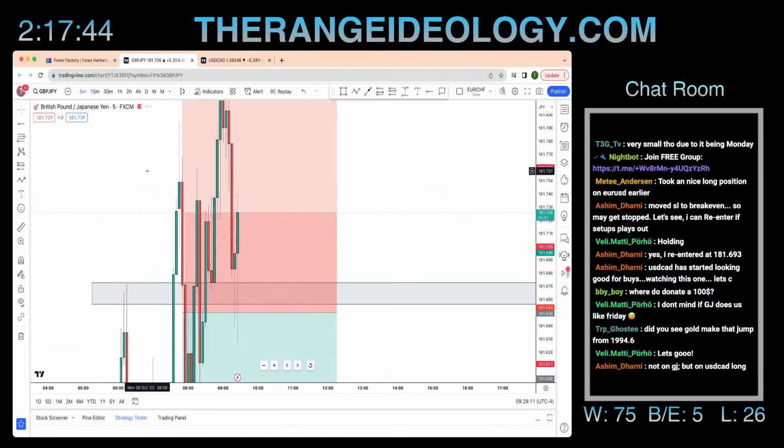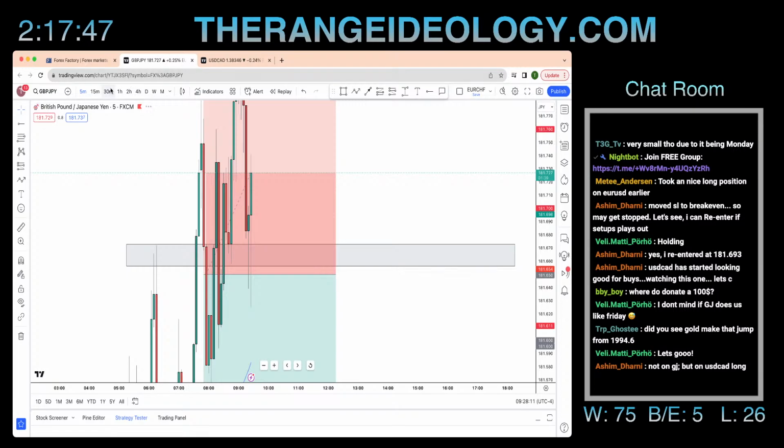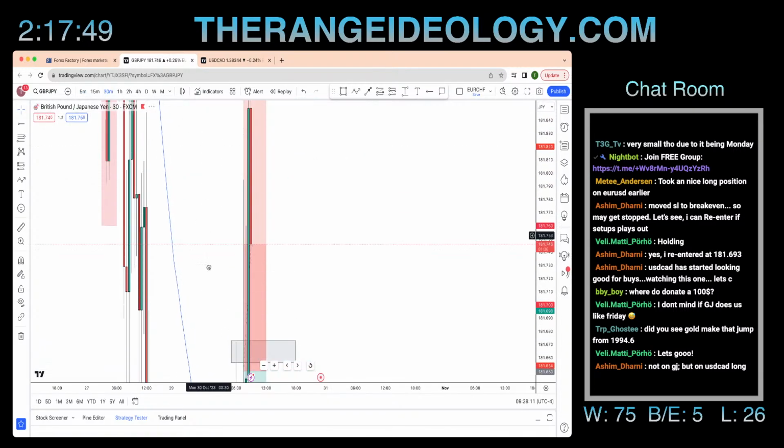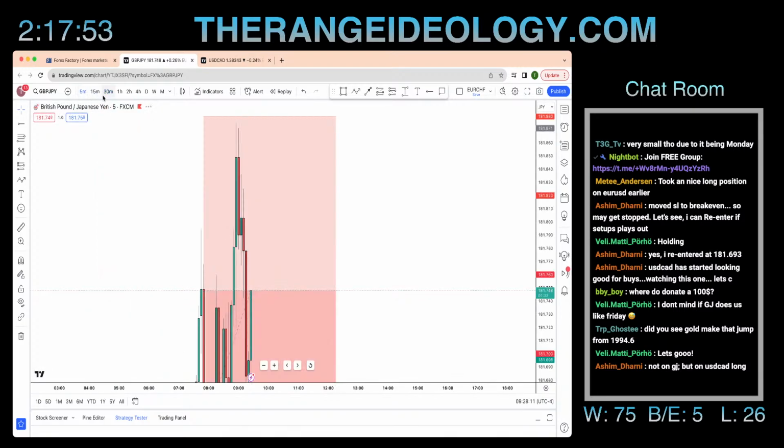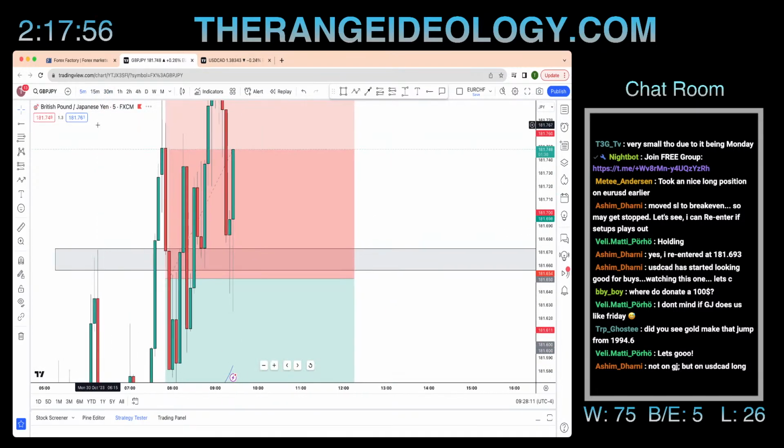All right, under 2 minutes left, guys. Let's see. Does GJ continue the push down or move up? Look at that powerful bullish candle, guys. That's what I mean. In seconds, it can go opposite to you in big ways.